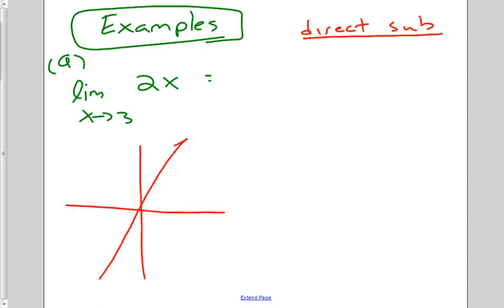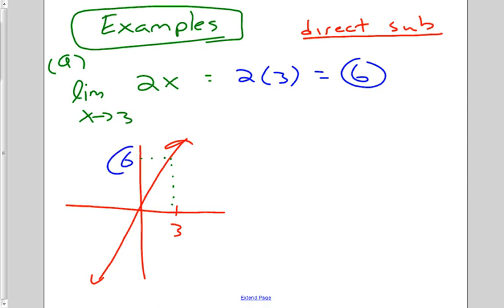It's a linear function. So when x gets close to 3, we want to know what our function gets close to. Well, just by directly substituting in, we can say 2 times 3 equals 6. So my function is getting close to 6. In other words, the limit as x approaches 3 of 2x equals 6.